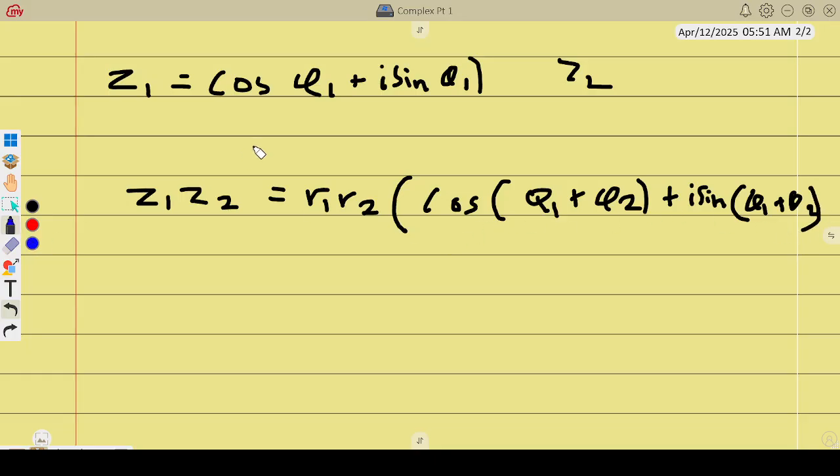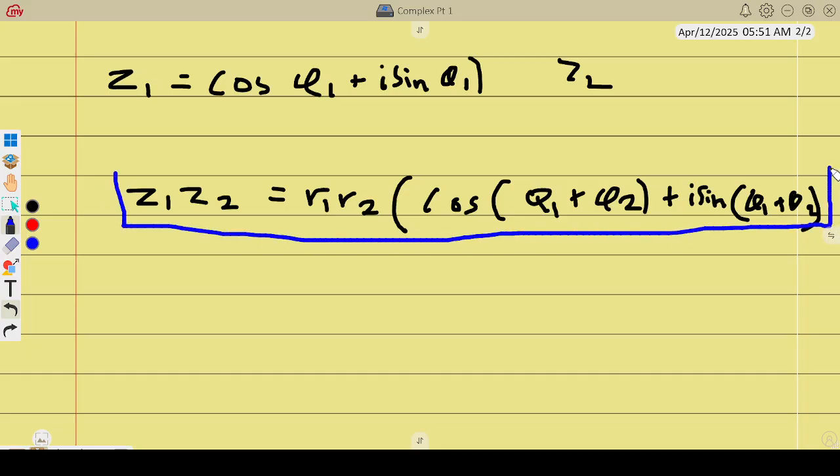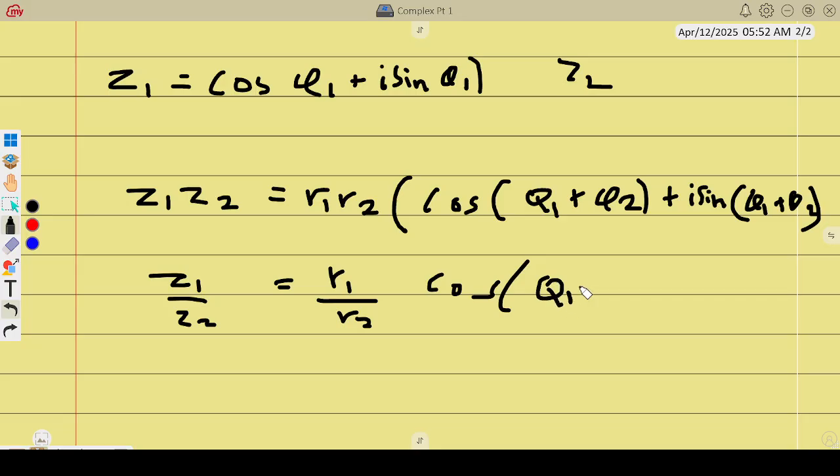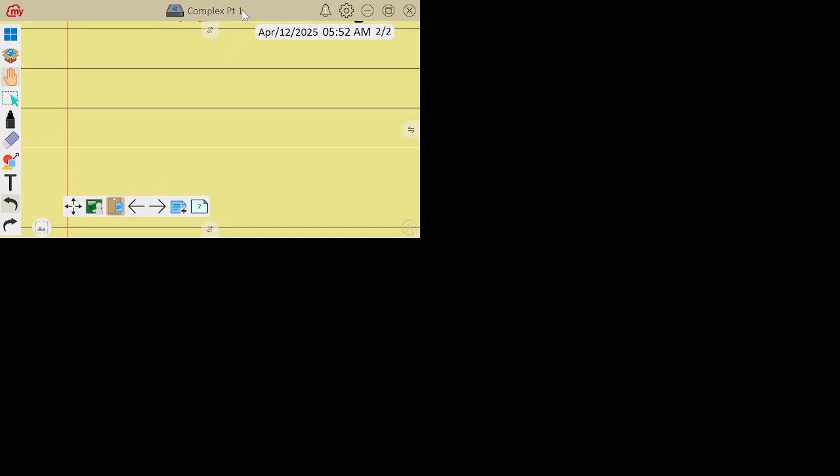This is what we would do when multiplying. When you are dividing, z1 over z2 is r1 over r2, and again cos, but theta 1 minus theta 2. Here there was a plus, but now we're going to have a minus.